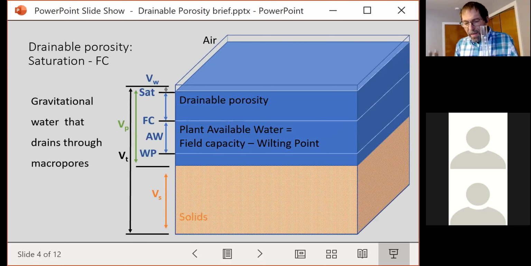In that coarse sand, what I got out was about 15, equivalent to 15 centimeters of water.